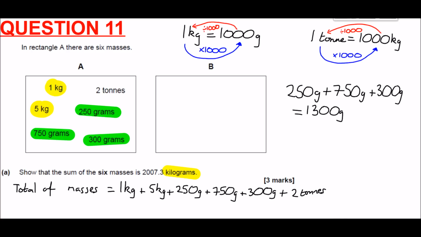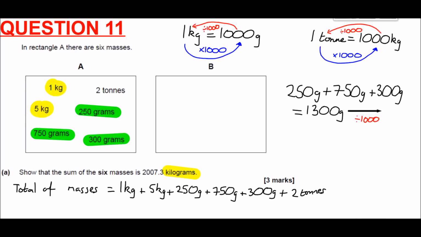We can then convert that into kilograms by dividing it by 1,000. So, like we said here, from grams to kilograms we divide by 1,000.